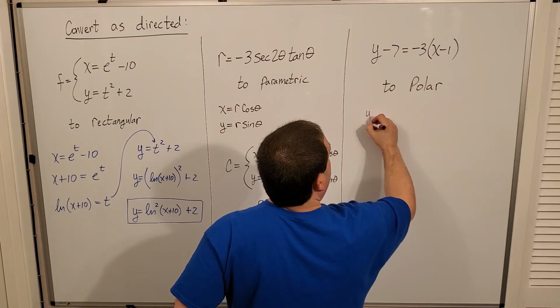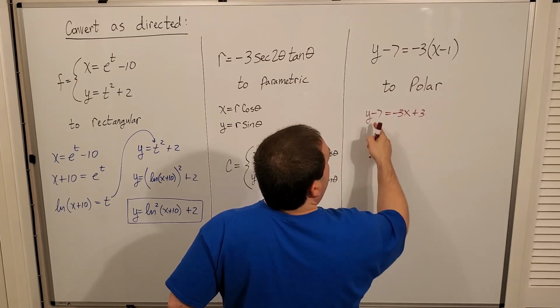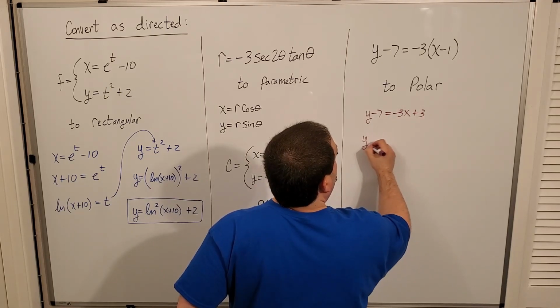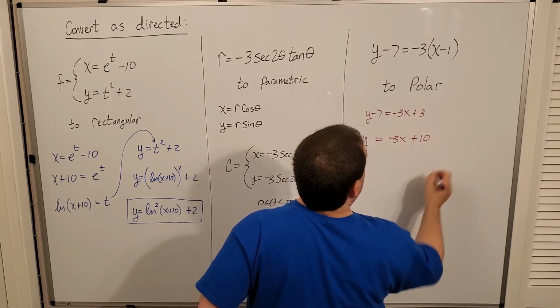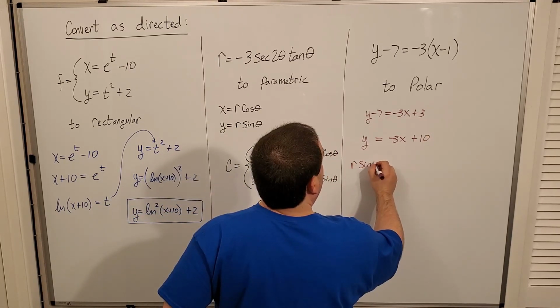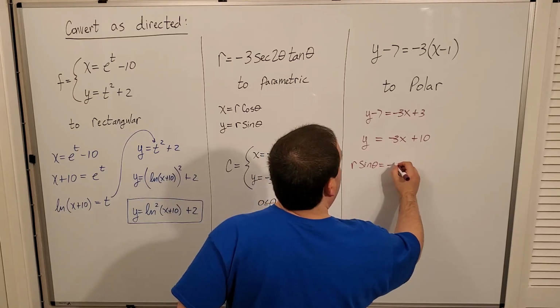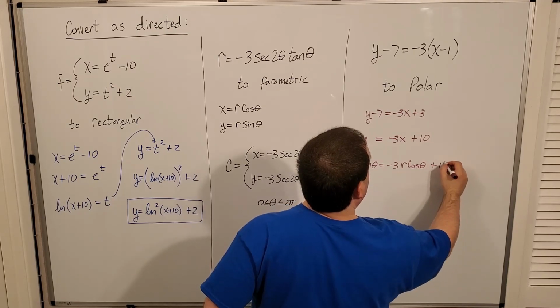This is going to be -3x plus 3. If I add 7, I have y as -3x plus 10. And then y is r sine theta, -3r cosine theta for x, and then plus 10.